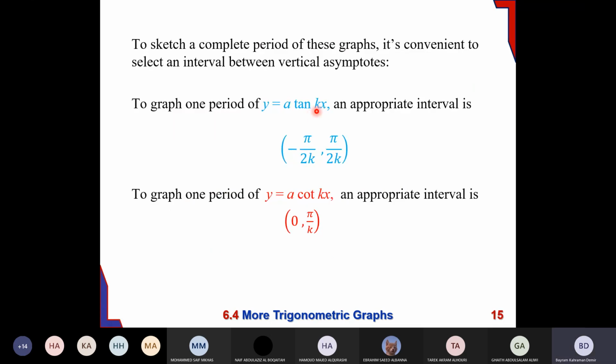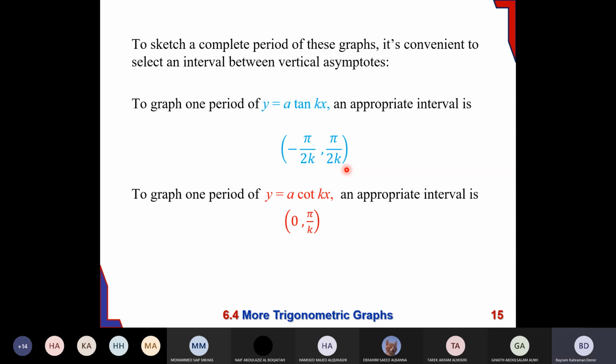So for tangent, Shabab, it's going to be between negative pi over 2k and positive pi over 2k. So the two asymptotes are getting closer. The graph is getting shrunk, right? And depending on the value of k, the graph can shrink or stretch.